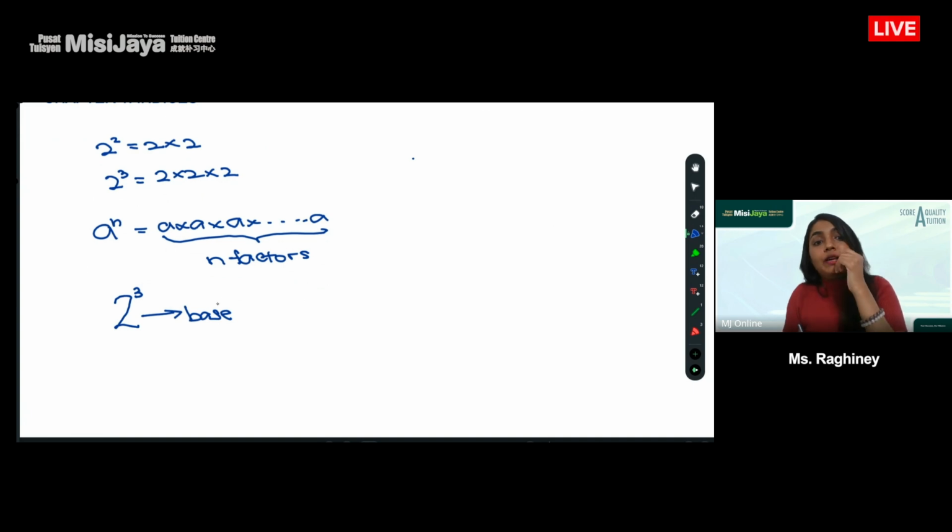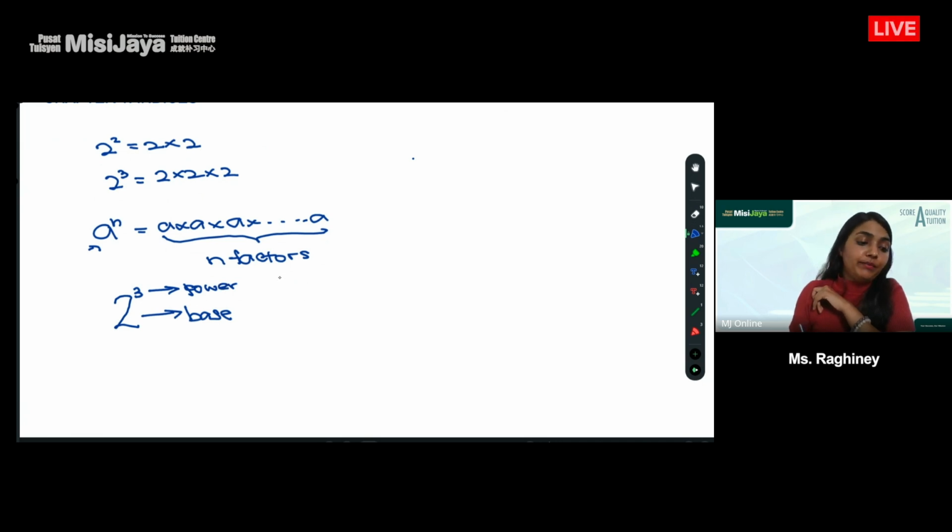So whenever I say base, I'm referring to that a value, this value over here. And how about this one? This is our power. Another name for it, which we will learn this year, is index. So power or index.